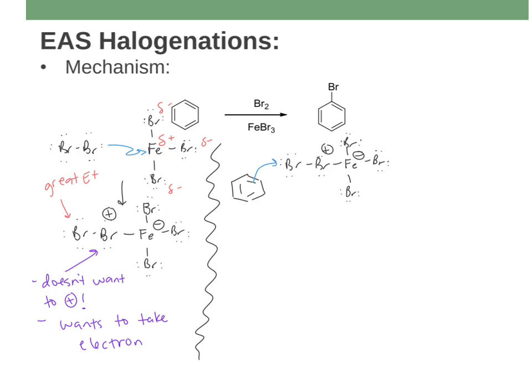And like we were saying over here on the left, this bromine in the middle here is positive. It doesn't want to be positive, it wants to take back electrons. It allows that bromine there in the middle to take back electrons. It gives that positive bromine electrons back. We have a positive charge, there's a bromine here now, and H is on that carbon also, but we've now made a bromine attached to an iron.